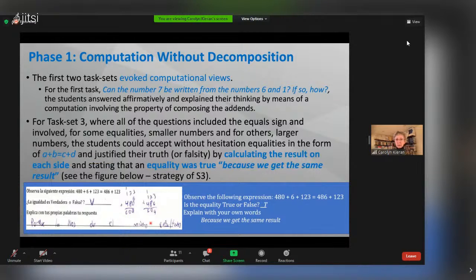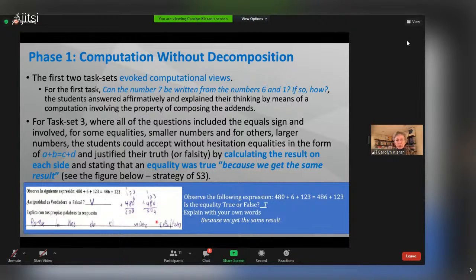For task set 3, where all of the questions included the equal sign and involved, for some equalities, smaller numbers, and for others, larger numbers, the students could accept without hesitation equalities in the form of A plus B is equal to C plus D, and justified their truth or falsity by calculating the result on each side and stating that an equality was true because we get the same result.